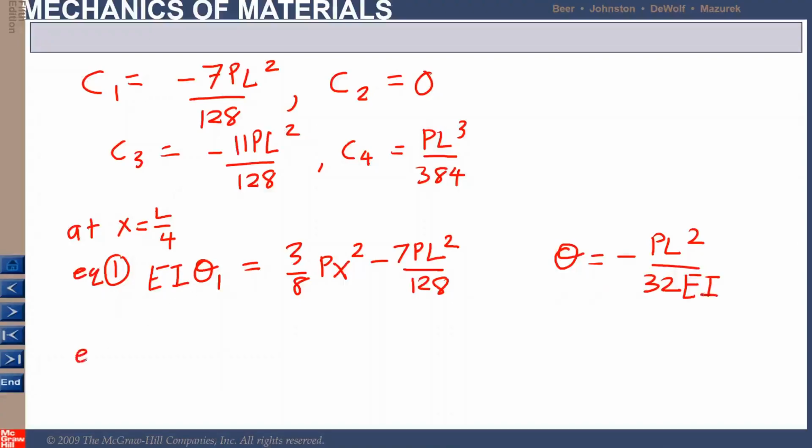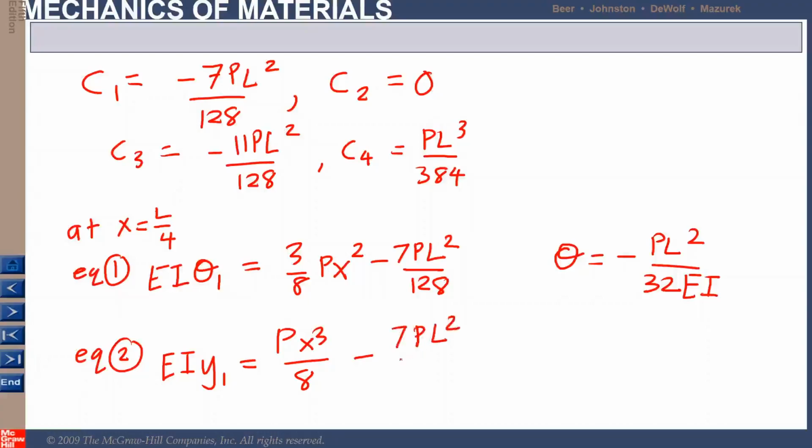And for equation 2, we have EI y1 is equal to Px cube over 8 minus 7PL square over 128 x plus 0.